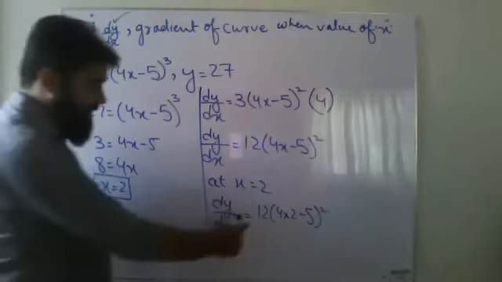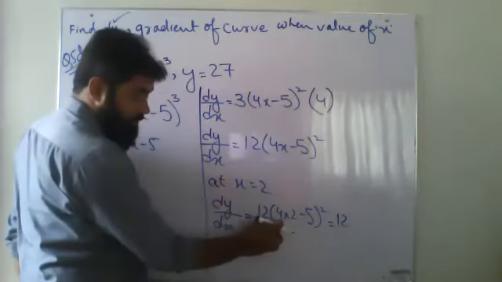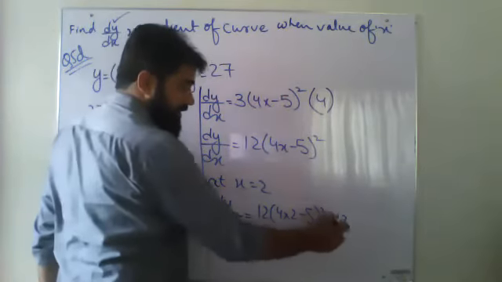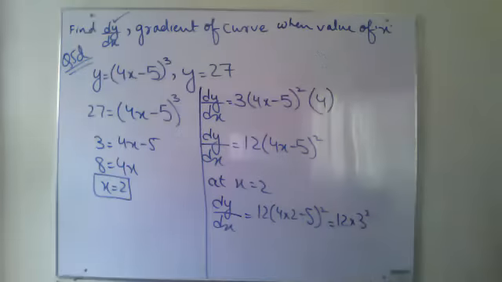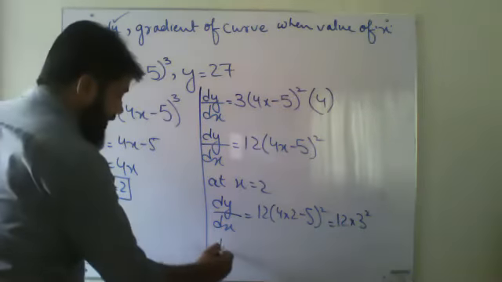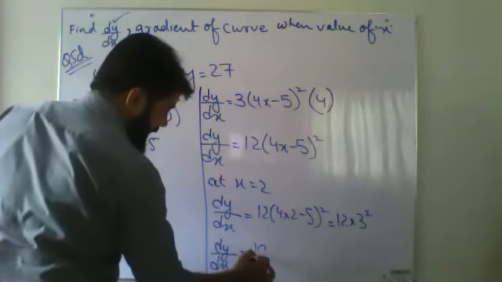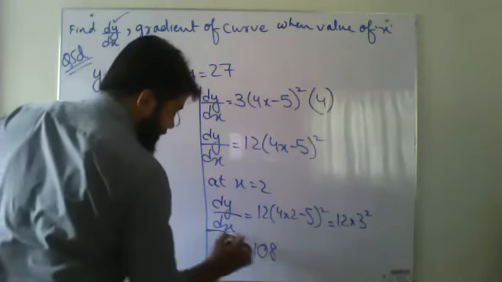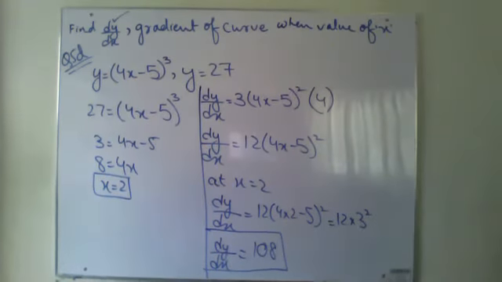Simplifying it, 12, 4 twos are 8, 8 minus 5 is 3, 3 is squared, and 3 square is 9. So multiplying 12 by 9, the answer will be coming 108. This is how you are going to do it.